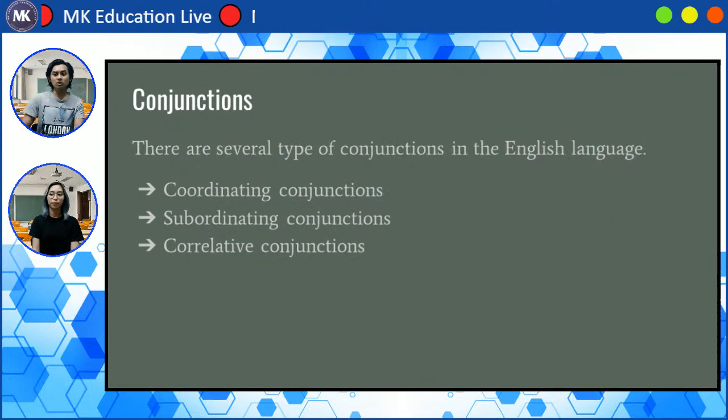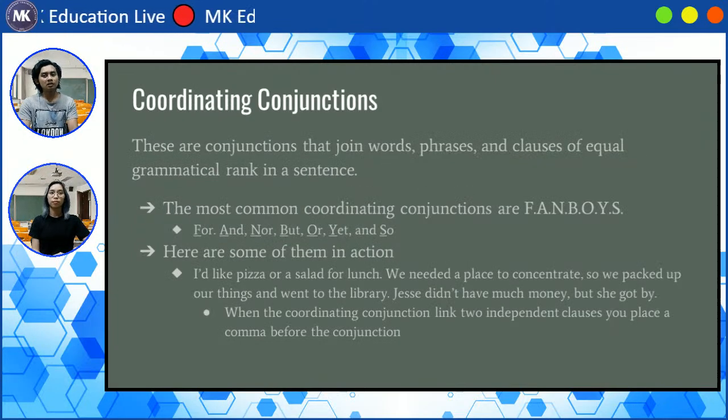So let's go on to the types of conjunctions that we have in the English language. Here are a few of them: the coordinating conjunctions, the subordinating conjunctions, and the correlative conjunctions. Don't worry if these words are new, we'll be discussing each one of them later on. But let's start with the coordinating conjunctions.